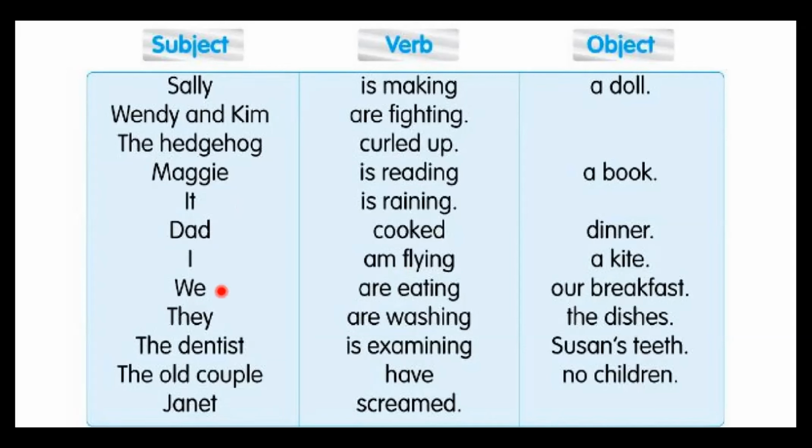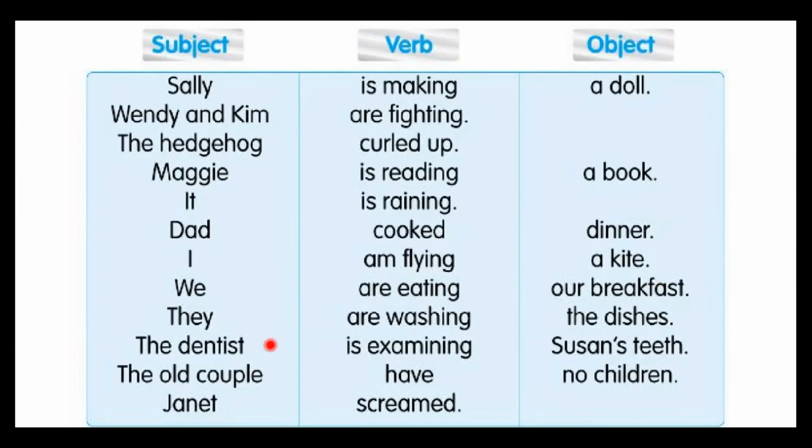We are eating our breakfast. We is the subject, are eating is the verb, our breakfast is the object. They are washing the dishes. They is the subject, are washing is the verb, the dishes is the object.